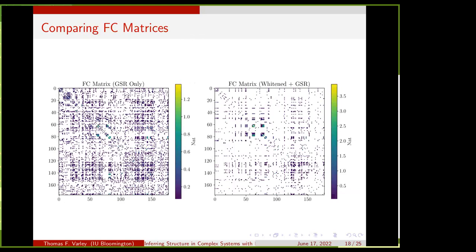So here you can just see two FC matrices. These are from the same data we saw before. This is bot 1 phase 1. In the GSR only functional connectivity matrix, it's very dense. And the highest value edge is about 1.3 maybe. After whitening and doing the same mutual information in nats, the highest edge is like four nats, and the system becomes a lot sparser.